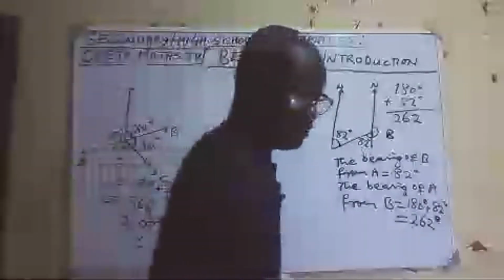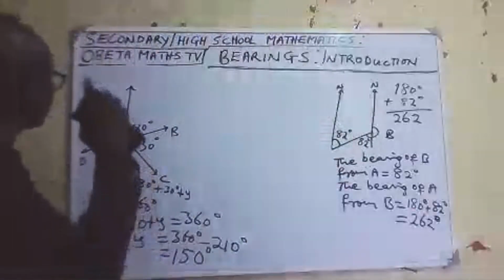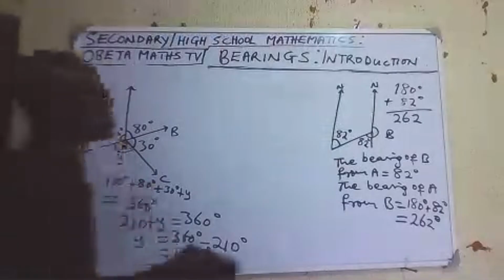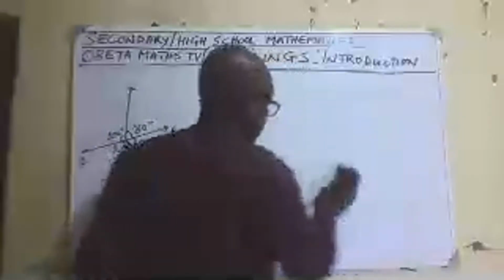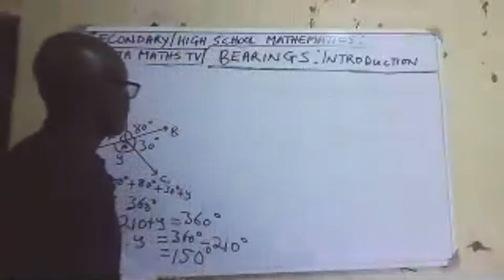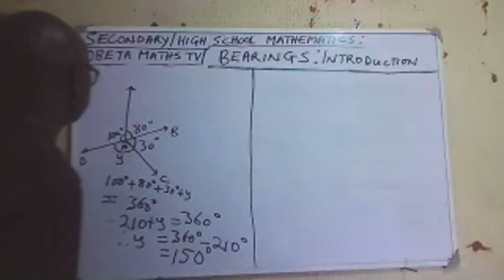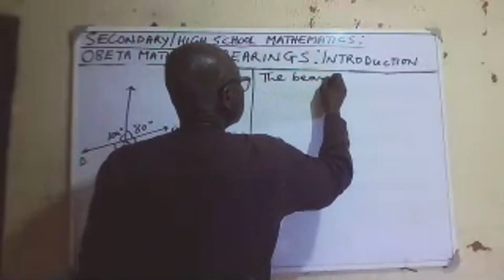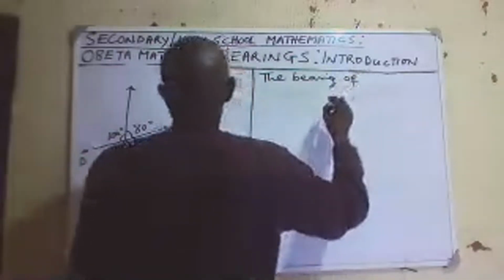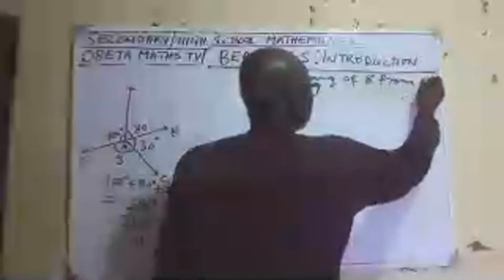Now we continue by finding the bearing of each of them from point A. We start with the bearing of B from A. That is the bearing of this from this.